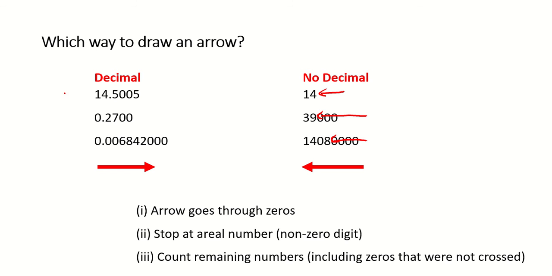When you see the decimal, you draw the arrow until you hit the first non-zero digit. So the arrow goes through the zeros and you stop at the real number and then start counting the remaining numbers, and the remaining numbers include the zeros that were not crossed.